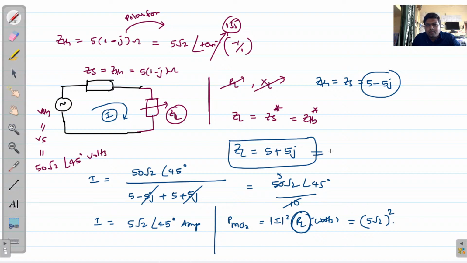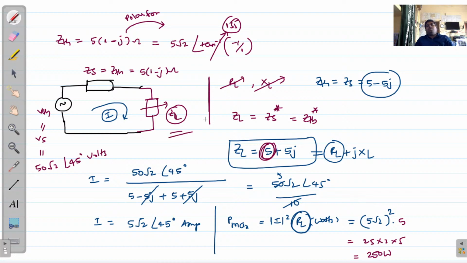In this ZL, this is RL plus j times XL. So RL equals to 5 only, right? Only you can take this 5 value. So into 5. So 25 into 2 into 5. So how much will you get? 25 2s are 50, so 250 watts. So this is the power dissipation in this particular load.